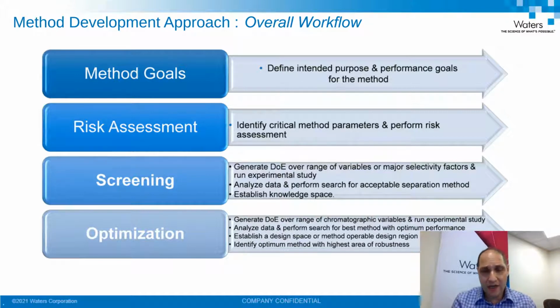In risk assessment, you identify critical method parameters that could significantly affect the performance of the goals. Screening is where we will try to screen the effect of major chromatographic effectors on chromatography. And optimization is where we do some sort of fine-tuning of the final method to make sure that we build a robust method that is fit for purpose, reproducible, and accurate.